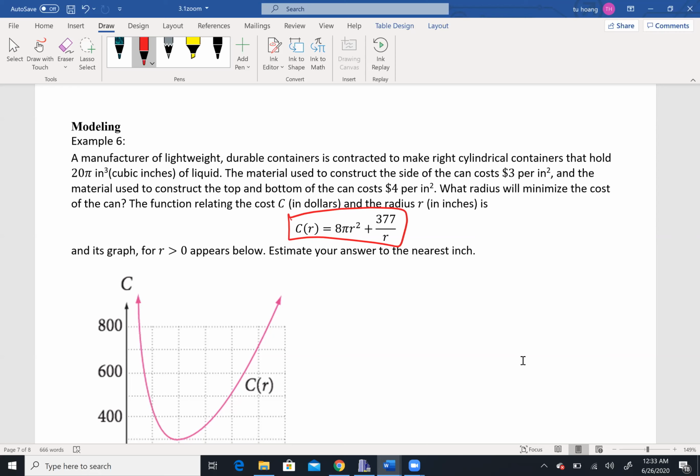So remember that this function represents the cost of this problem, and its graph for r greater than 0 appears below here. And the question is to estimate the answer to the nearest inch.